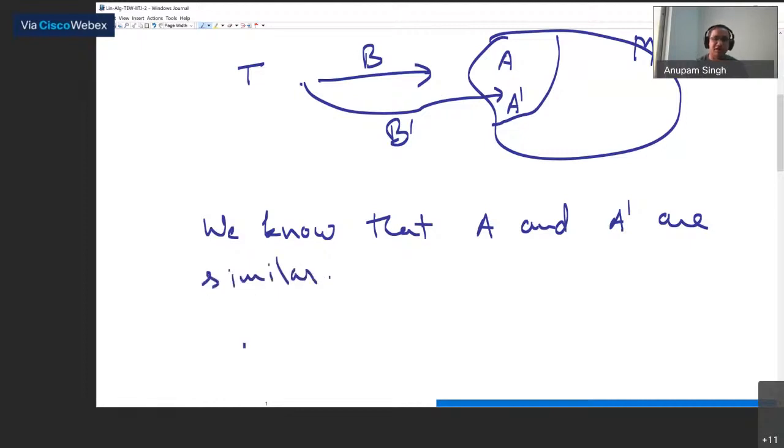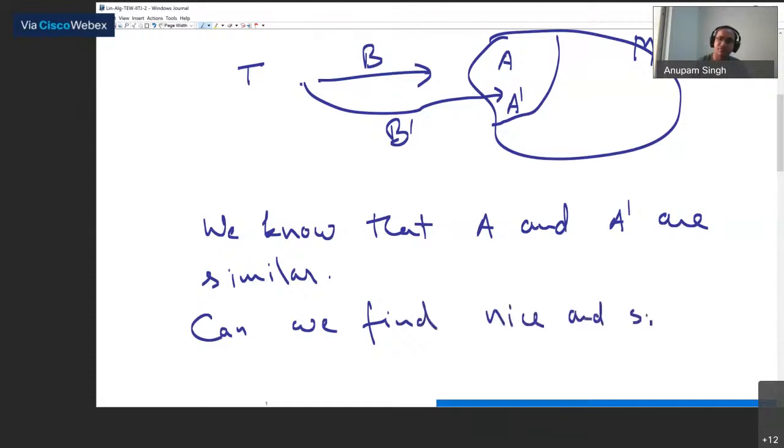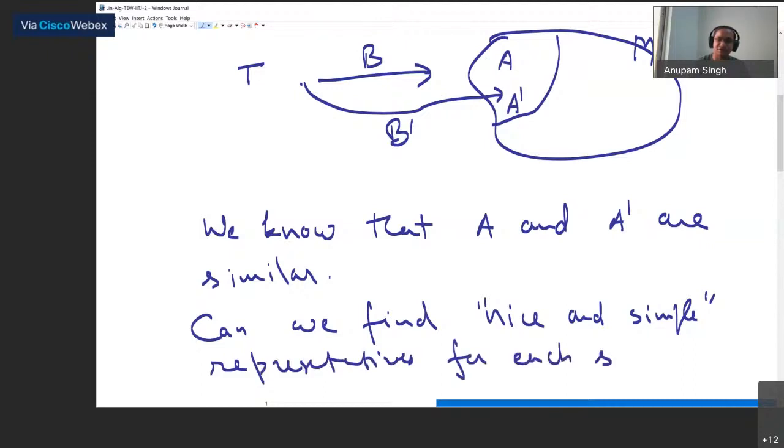Then we ask the question, can we find a nice and simple, whatever this means, nice and simple representatives for each similarity class.